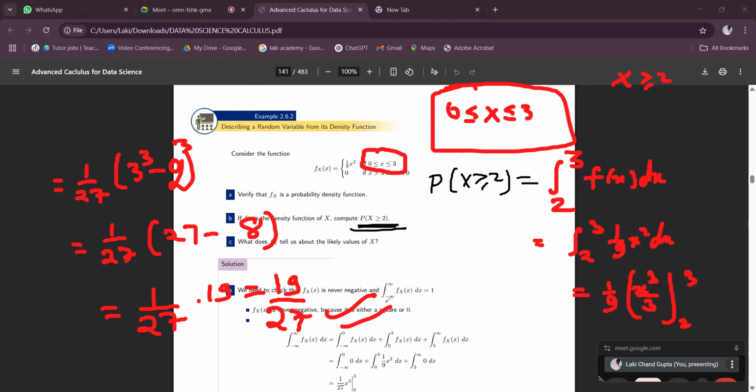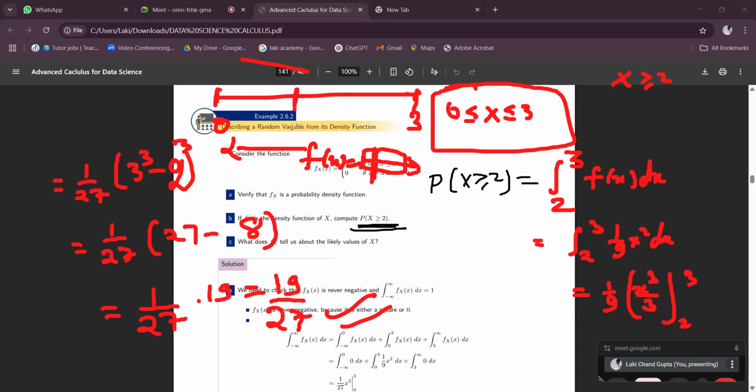So it's not 1, right? It will always give less than 1. Why? Because you are not finding from 0 to 3. You are finding from 2 to 3, which is a part of it. From 0 to 3 is always 1.